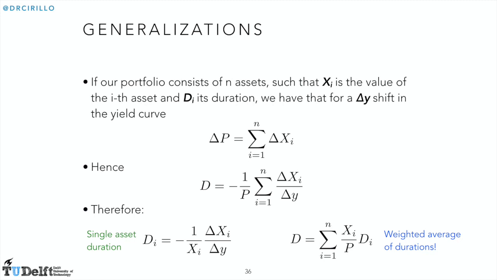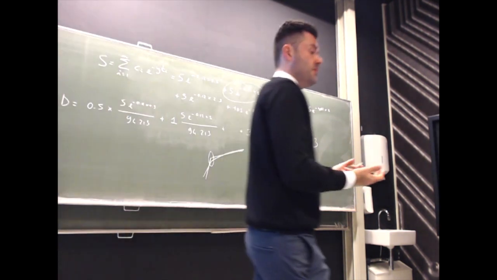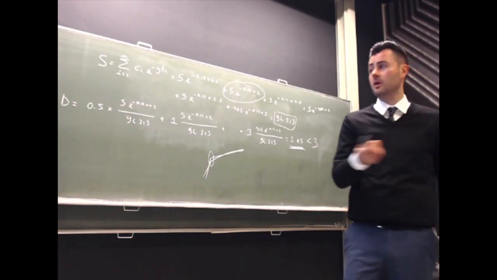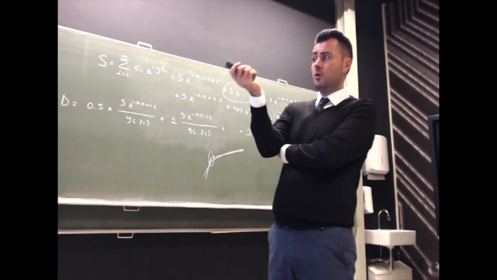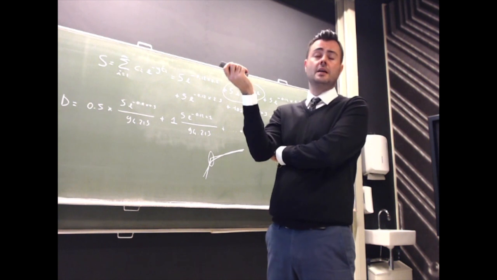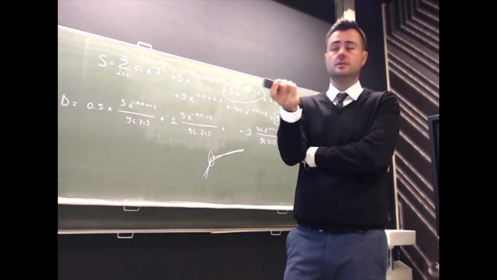And what I can immediately observe is that if I come back to the original definition of duration that we gave, if X is the value of the single asset instead of the S we were using before, if I consider minus 1 over Xi, which is asset i, times delta Xi over delta Y, this is the duration of the ith asset.